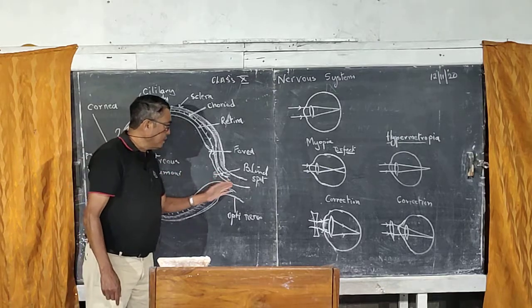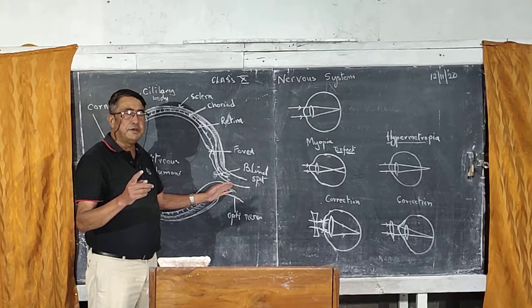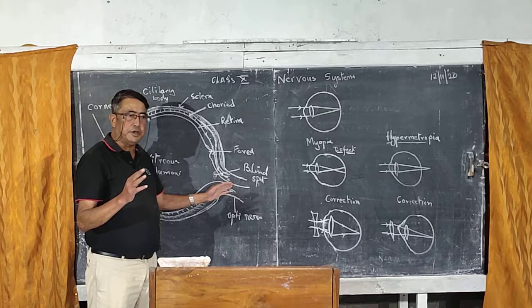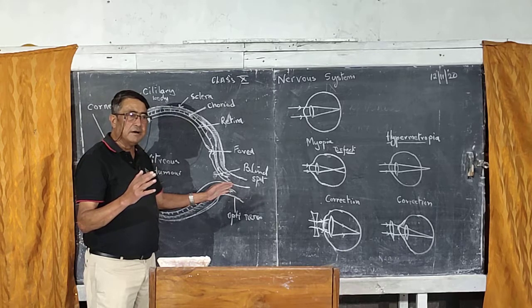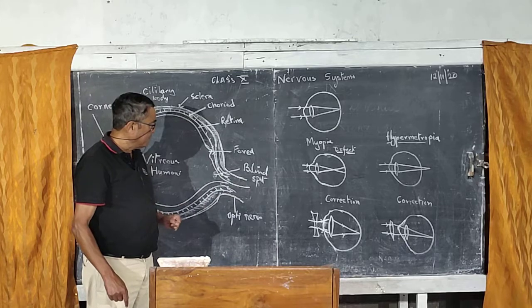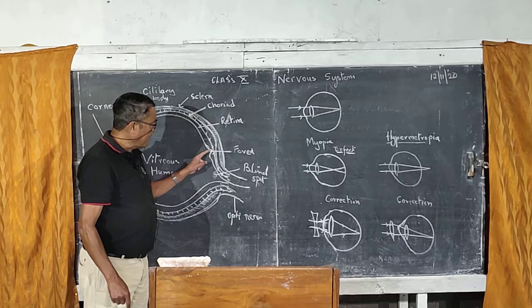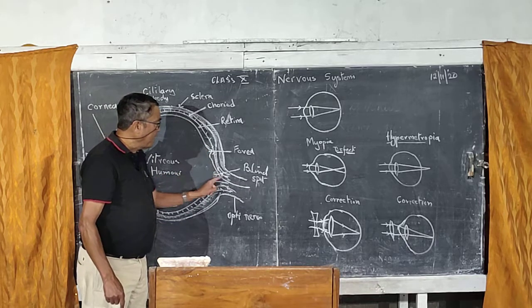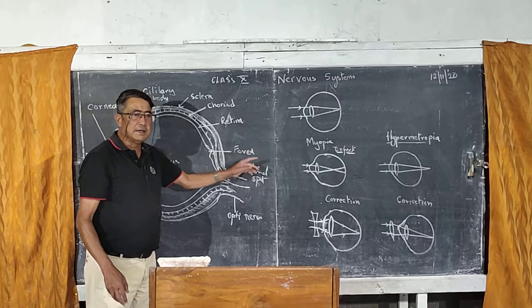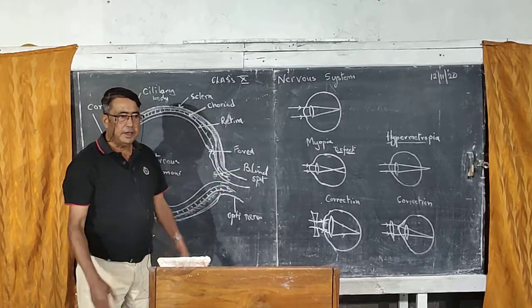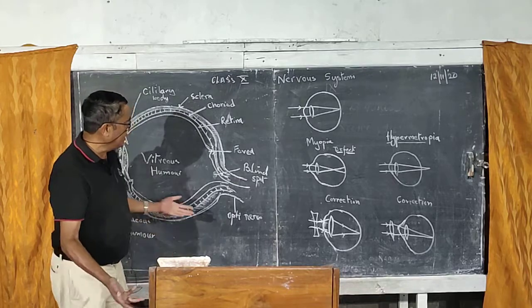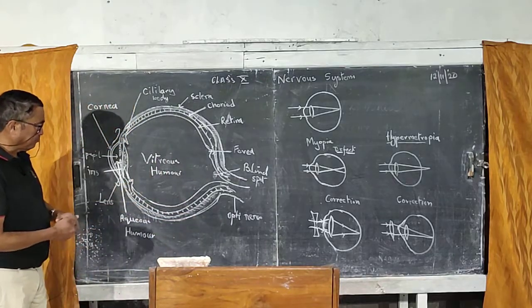Optic nerve, remember, the nerves which are made up of only sensory neurons are the optic nerve and the auditory nerve. This nerve carries impulses from the eye to the brain, and a certain part of the brain interprets them, which results in sight.